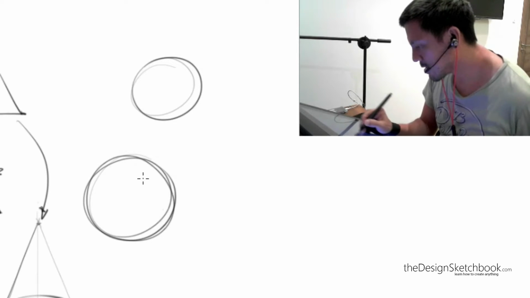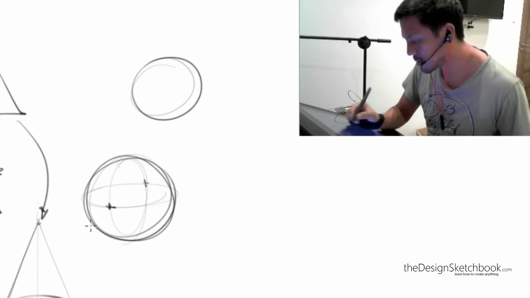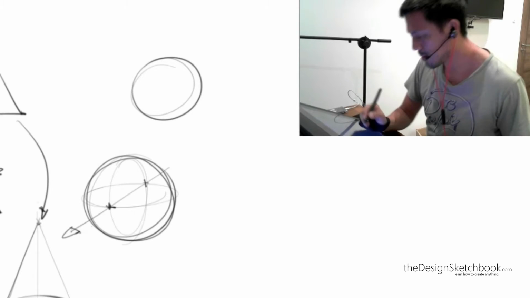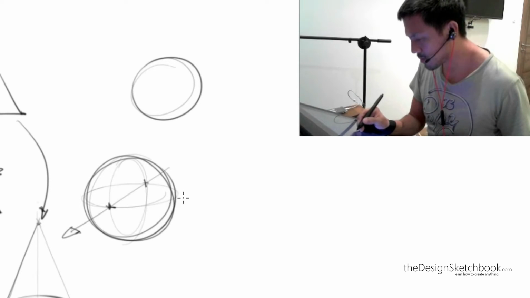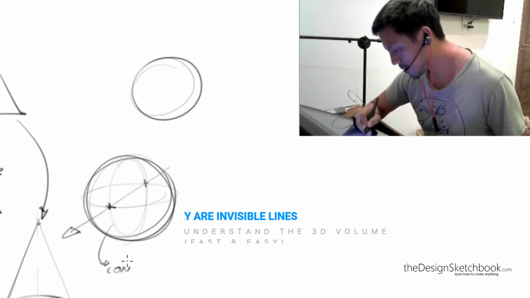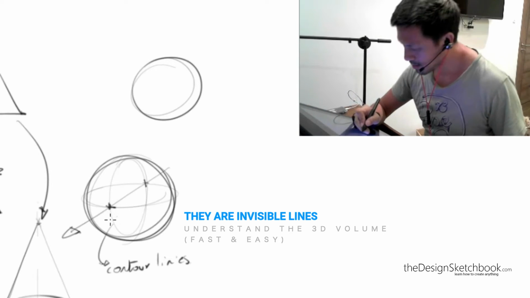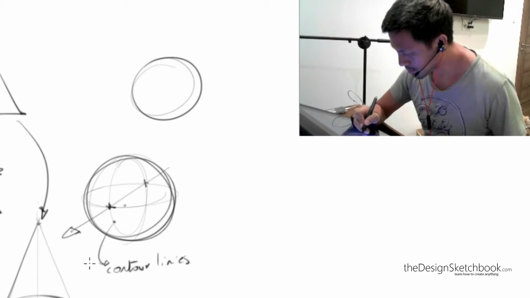We got the circle here, and I trace 2 ellipses, one horizontal and one vertical. This is the front intersection and the back intersection. These are called the contour lines. They are invisible lines, but they help you to understand the volumes.